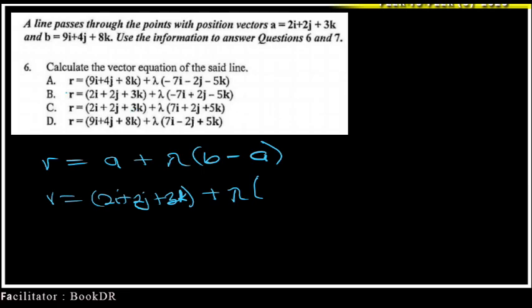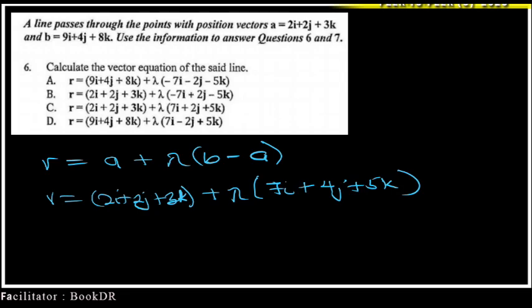Let's perform the subtraction. That will be 9 minus 2, which is 7i, then 4 minus 4 will give us 0j, and then 8 minus 3 will yield 5, so 5k.